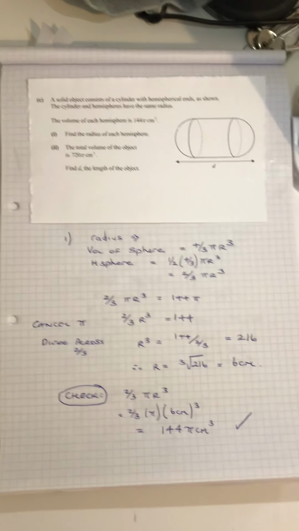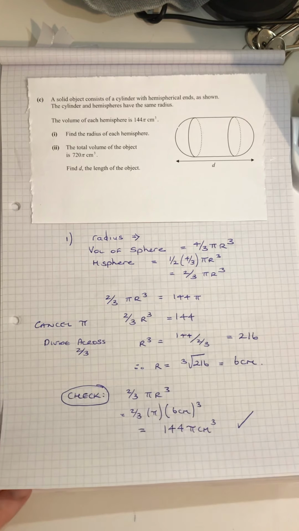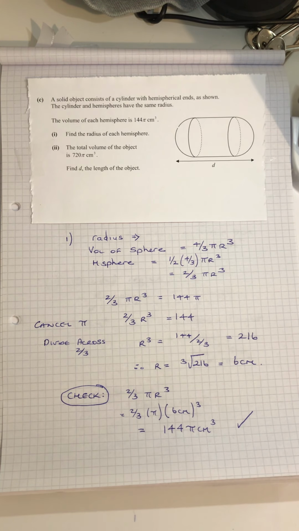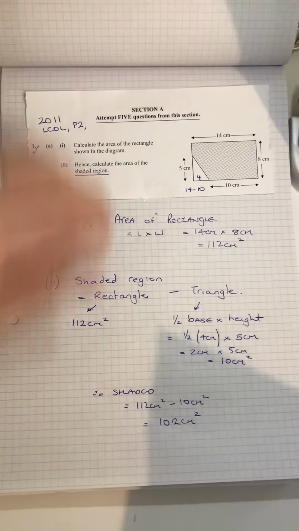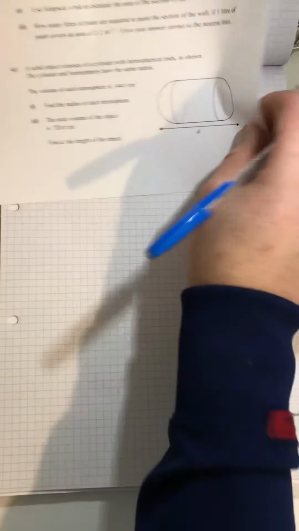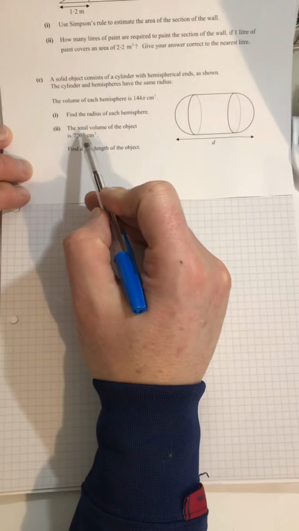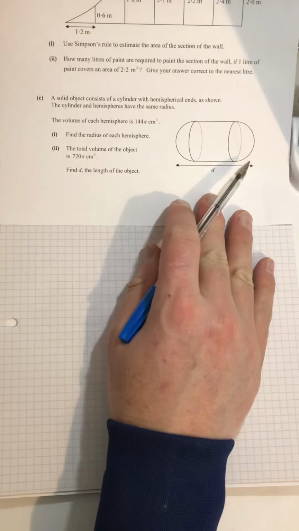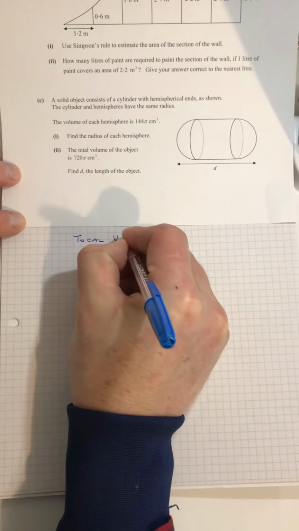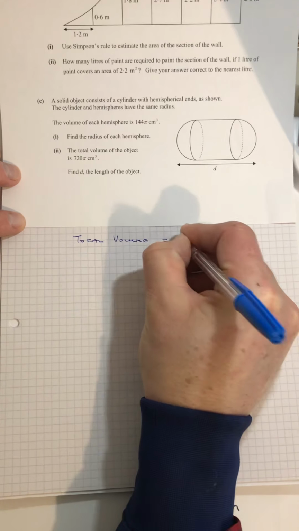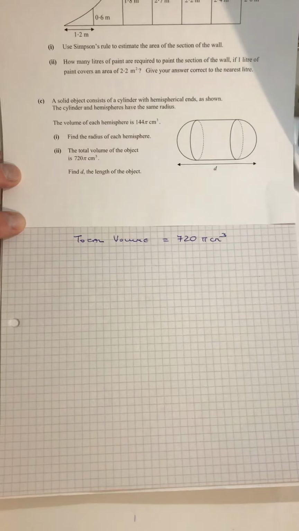Now for part 2, the total volume. So for part 2, we want the total volume. So total volume is equal to 720 pi centimeters cubed.